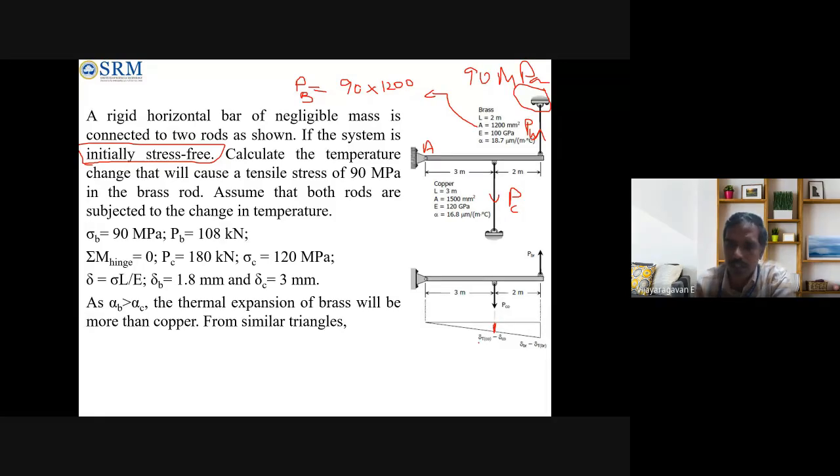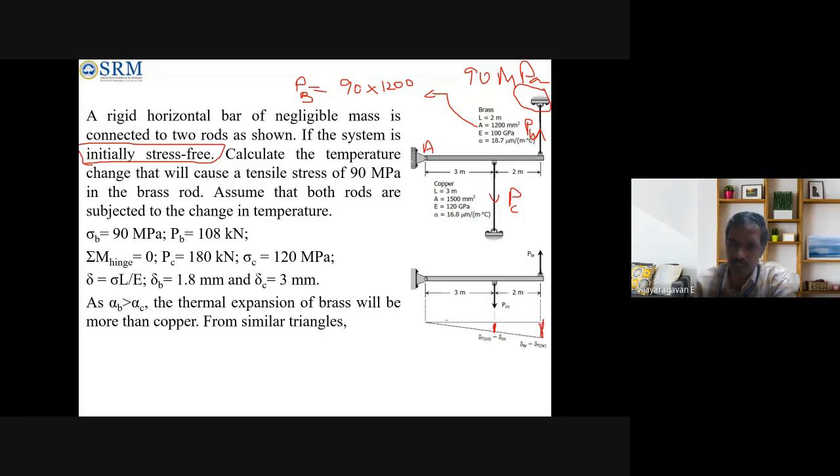This deflection is given by the thermal expansion of copper, that is due to temperature difference, minus the expansion due to the actual load, delta of copper. Similarly for the brass, we have deflection due to mechanical loading minus deflection due to thermal loading. That is what is mentioned here.